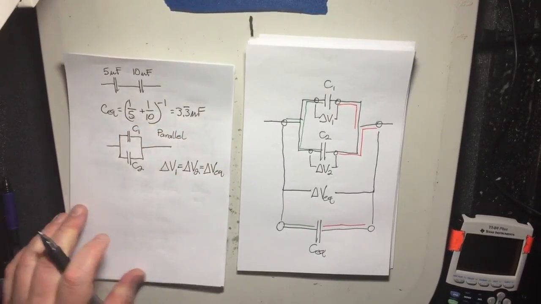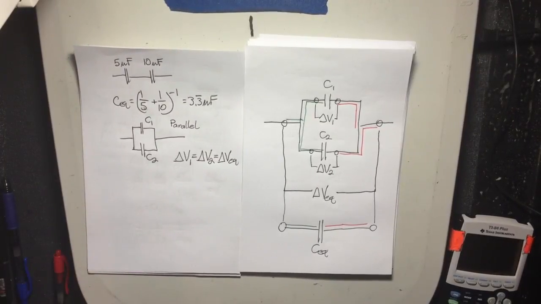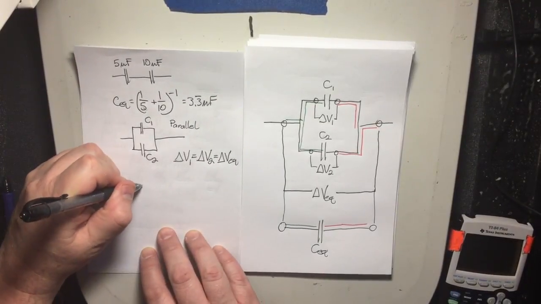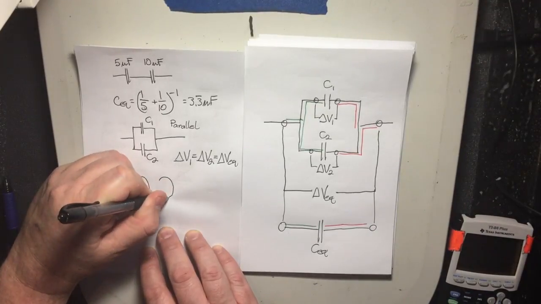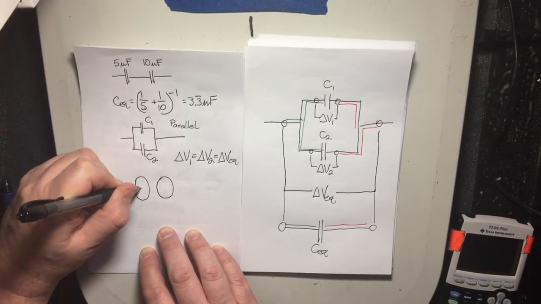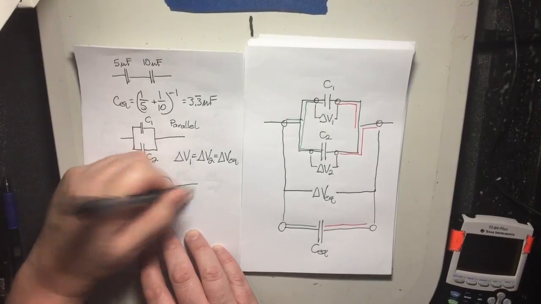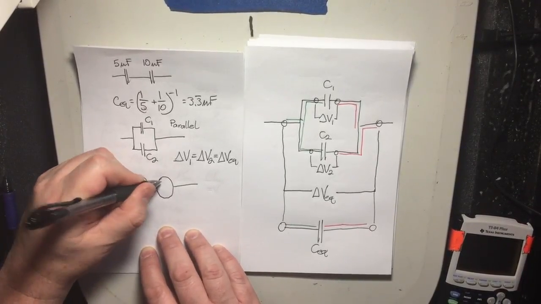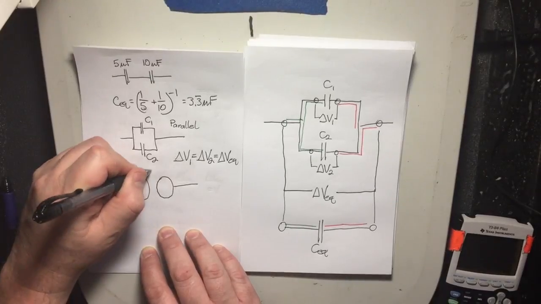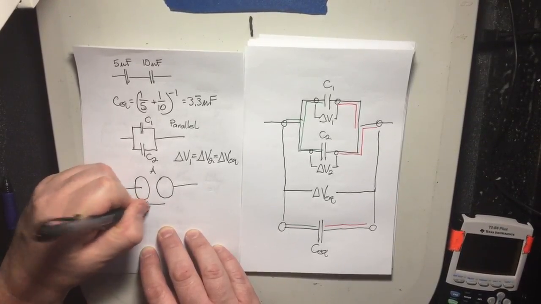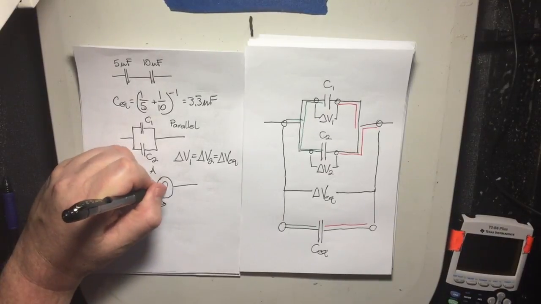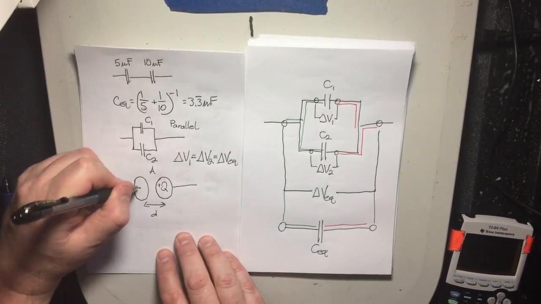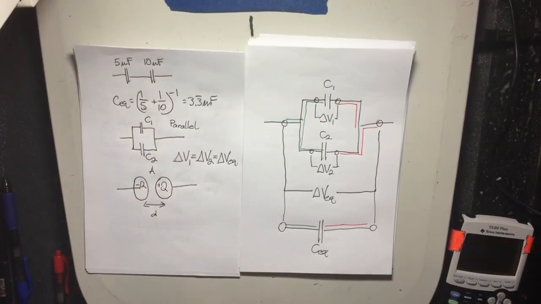Now for this particular point in the proof, if I had a capacitor that has area A and distance D, we would all know that there is a plus Q on one side and a minus Q on the other.